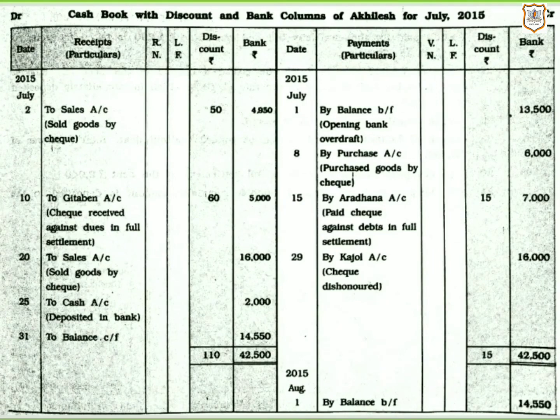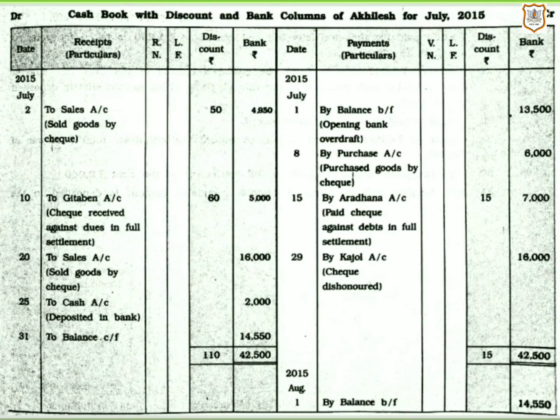Or we can say that amount withdrawn in excess of its own money in the bank is known as bank overdraft. Bank overdraft is shown as a credit balance, meaning thereby that the business has to pay that amount to the bank.